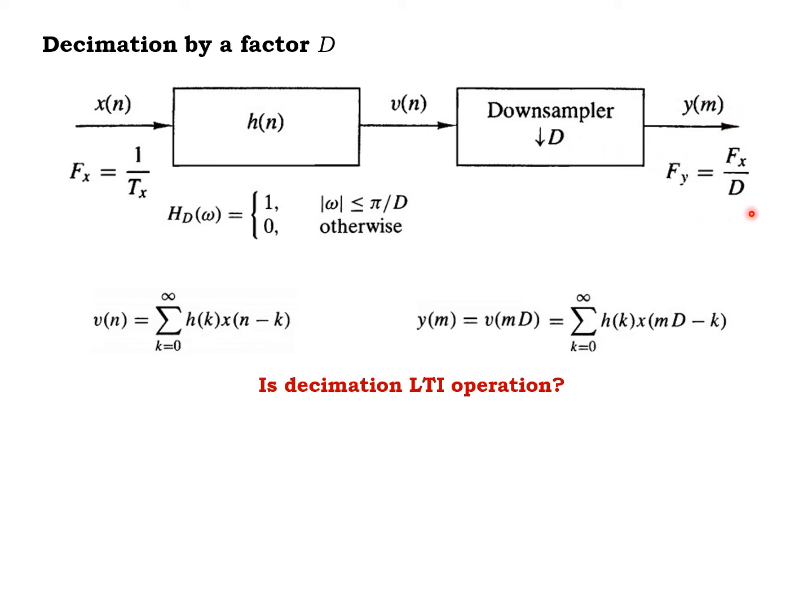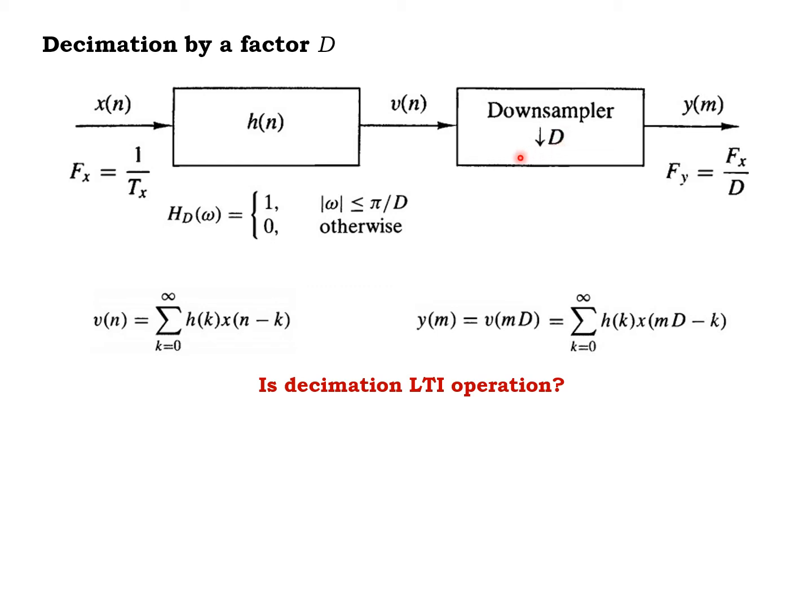There the sampling frequency Fy is equal to Fx divided by D. Let us assume the signal x of n as shown in the figure. The downsampled x of n can be obtained by simply keeping every Dth sample and removing D minus 1 samples in between. This process is equal to reducing the sampling rate by a factor D.